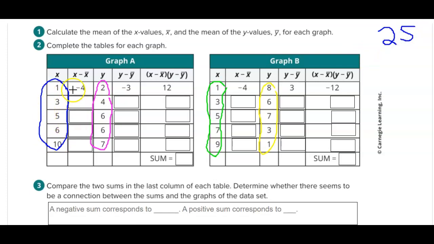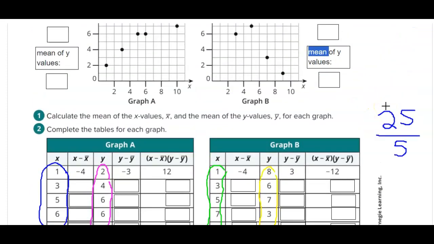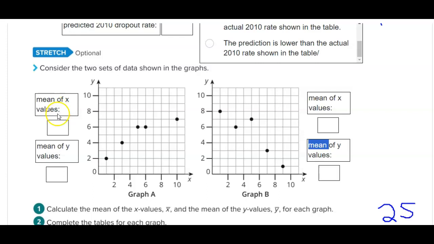But now that's just the sum of the numbers. What we want is the mean. So now we have to divide that sum by how many numbers there were. So we had 1, 2, 3, 4, 5 numbers. So we're doing 25 divided by 5, which is 5. So up here in this box, the mean value of x for this table was 5.